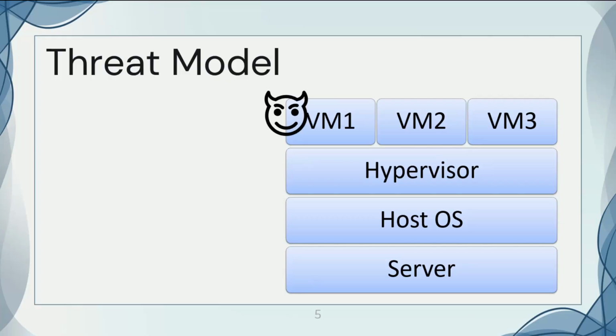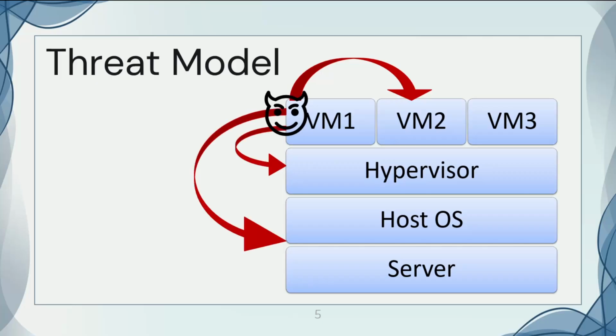Let's say there is a malicious actor that gains control of the kernel of a virtual machine. It then can try to get control of other virtual machines that are running on the same hypervisor. And if it can get control of those, it can get control of the hypervisor and the host operating system itself, or even the server that the host operating system is running on.